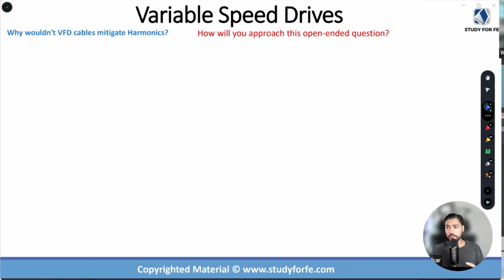So it tells me that the student has done his own research, right? Knows what he's talking about, all right? Because the way that the question is framed is actually correct. So I cannot just discount this question as saying that, you know what, you don't even know what you're talking about. VFD cables actually mitigate harmonics, right?